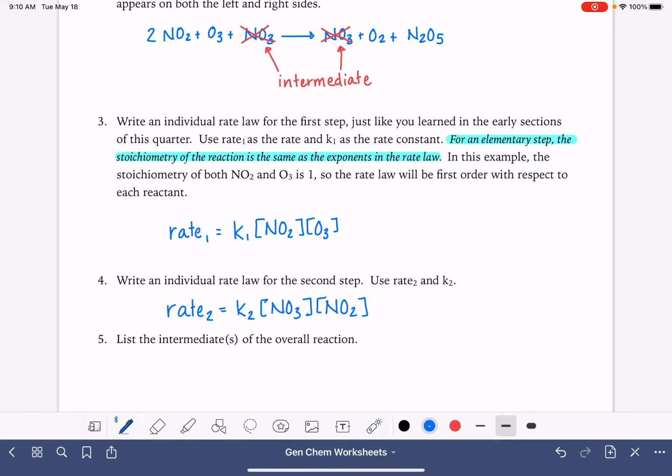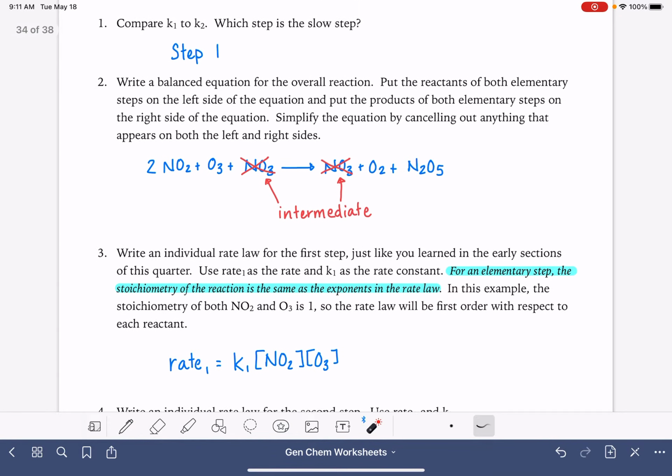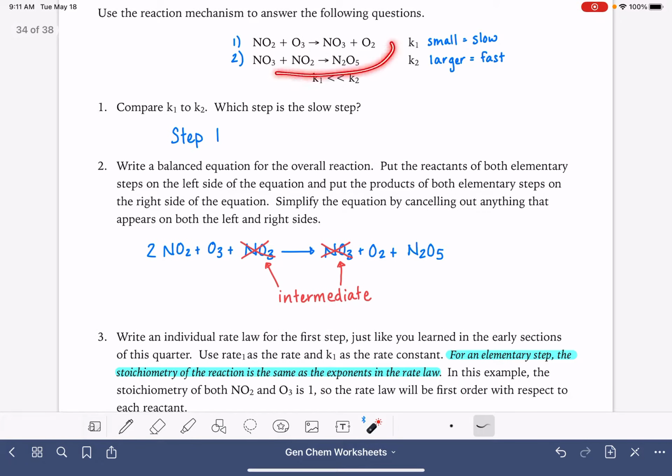The intermediate for this is NO3, and again, an intermediate is anything that is not a product or a reactant, but still present in the elementary steps. So the intermediates are going to be things that you will see in the elementary steps, but not in the overall reaction.